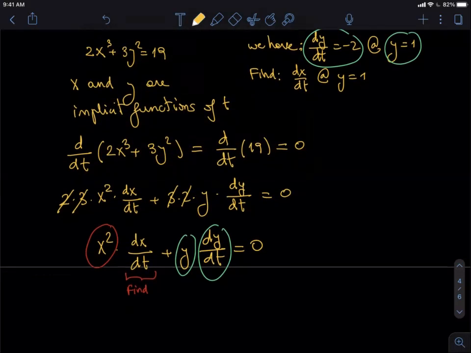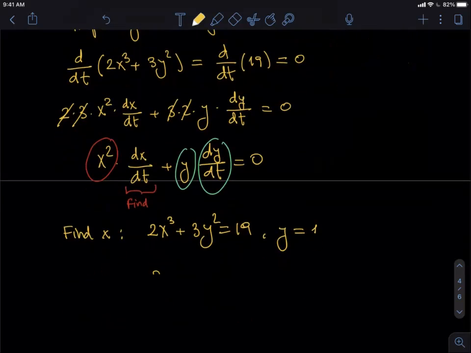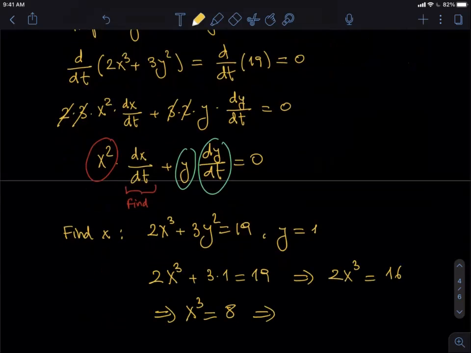Well, we know that it's a point of the curve, and we know that y must be equal to 1. So that means 2x^3 + 3 times 1 equals 19. That means 2x^3 equals 19 minus 3, which is 16. That means x^3 is 8. That means x must be equal to 2.